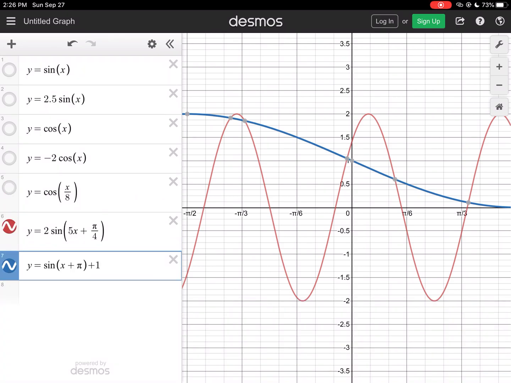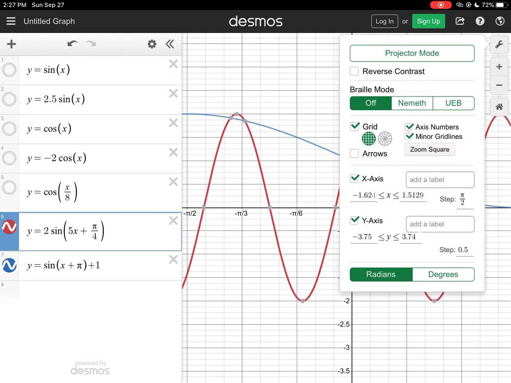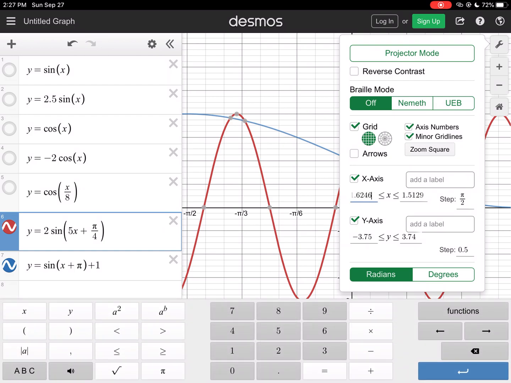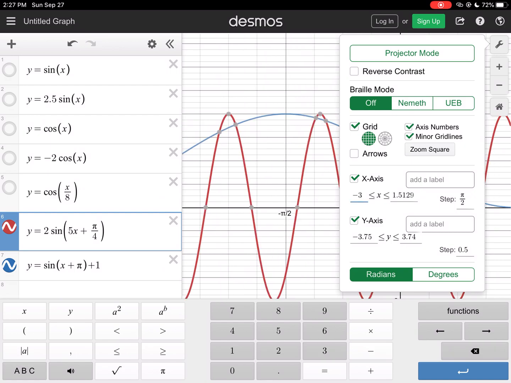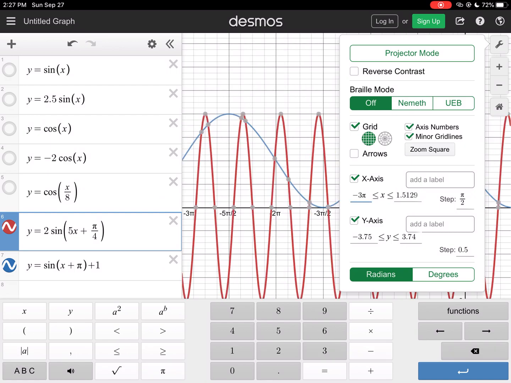Now let's talk about, we know our period is 2 pi, but I'm going to have a phase shift of pi. So I think I'm going to go from negative 3 pi to positive pi.